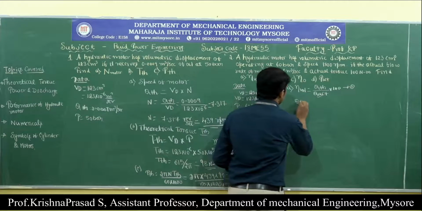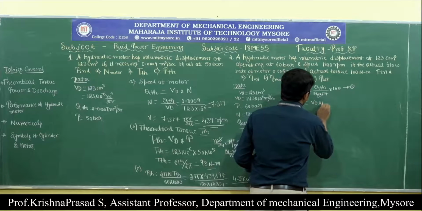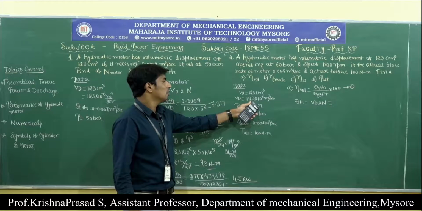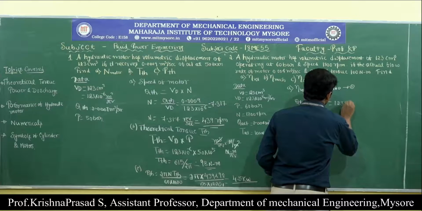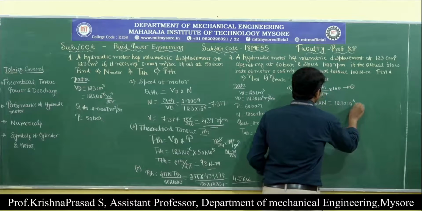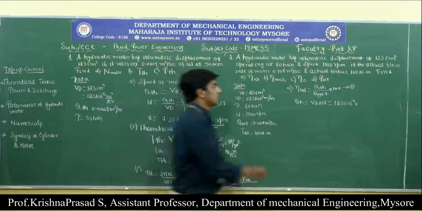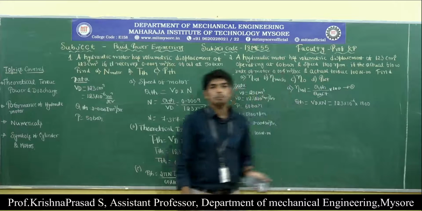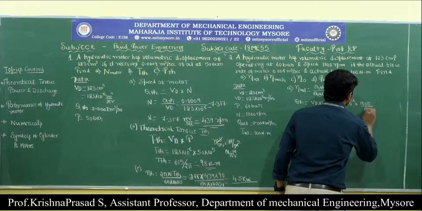So the theoretical discharge formula will be equal to Vd into N. So what is the volumetric displacement? It is 123 into 10 to the power of minus 6. And speed they have given in terms of revolutions per minute, but we need to convert the revolutions per minute into revolutions per second, hence divided by 60.